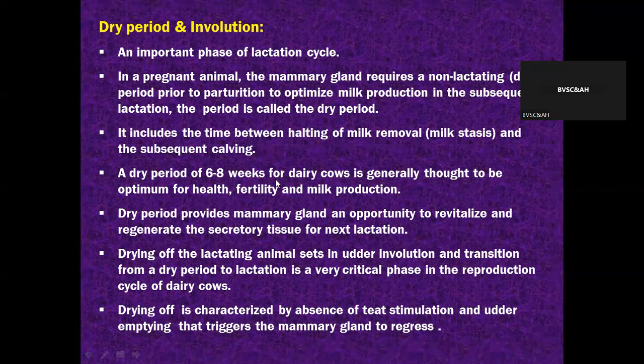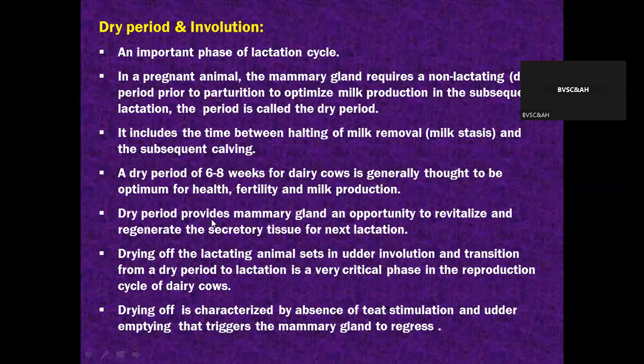A dry period of 6 to 8 weeks for dairy cows is generally thought to be optimum for health, fertility, and milk production. It should be a managemental strategy in dairy farms to dry off the animals 6 to 8 weeks before calving or the next lactation.